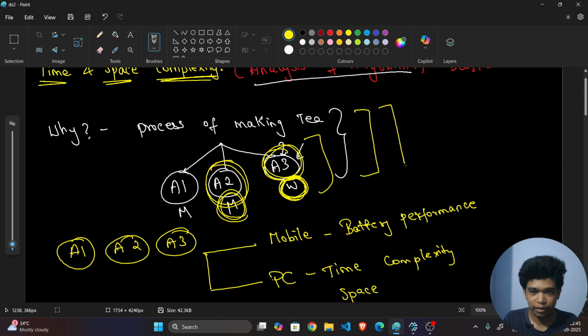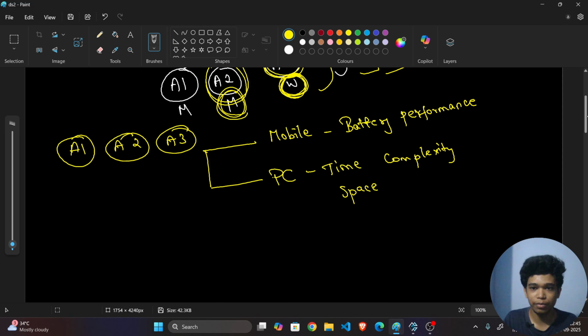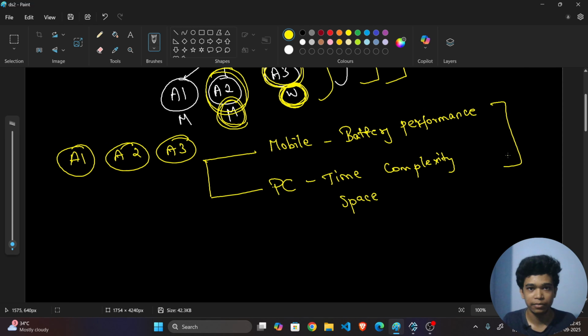This is your example, and this is your exact CS concept. I don't want you to make this same mistake. Always remember, the algorithm is analyzed via many factors, not only time and space complexity. Hope you understand this.